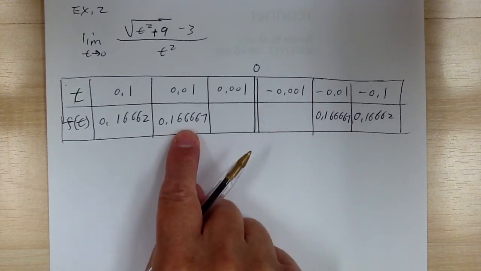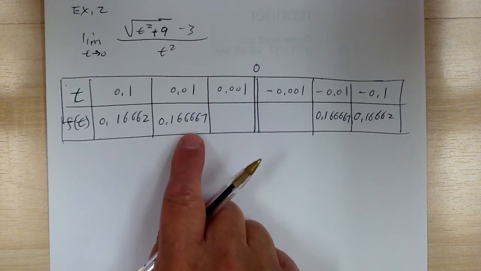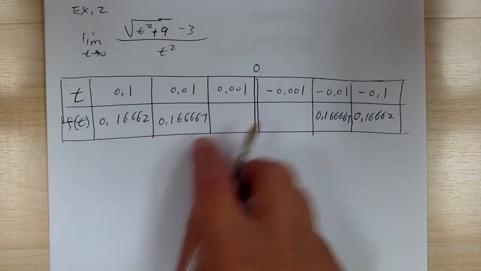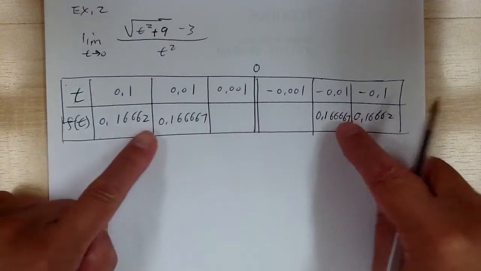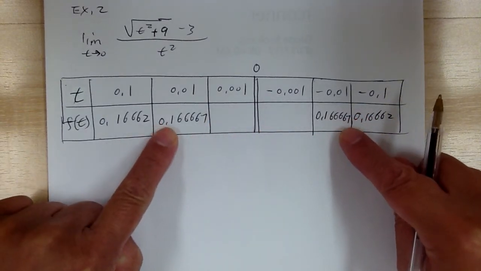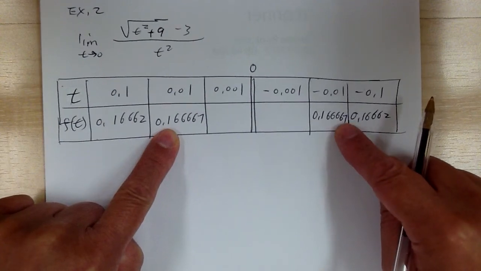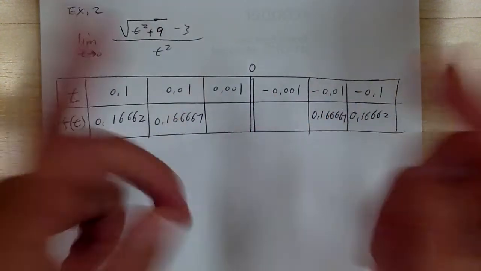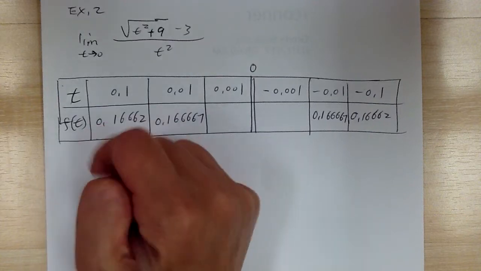This is equal to 1/6. Or if you keep it in decimal, that's fine, because they already converge. When both are the same number, don't waste your time getting even closer because it's going to be the same number.